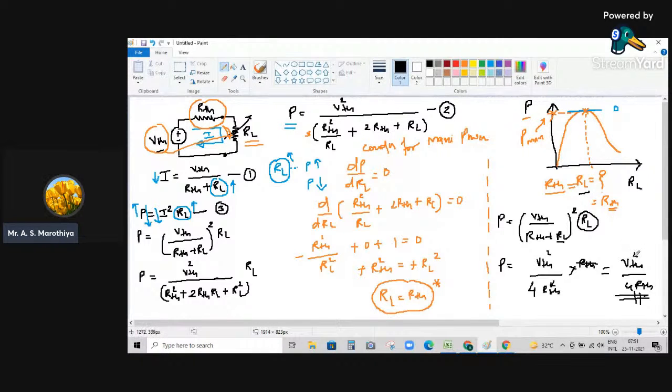And suppose we are interested to find out the expression for maximum power which is to be delivered from source to the load, it is going to be P equals VTH square divided by 4 into RTH. So this is very important.